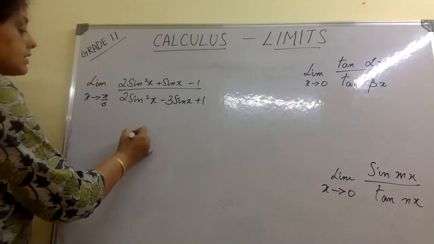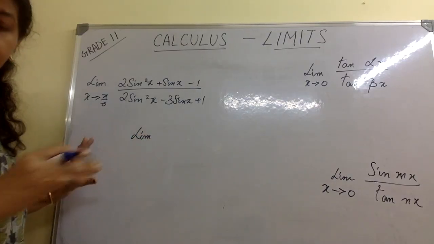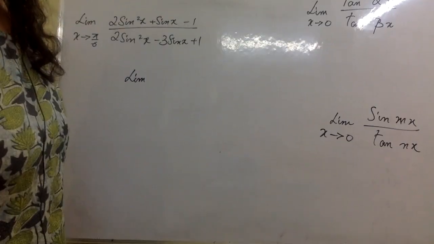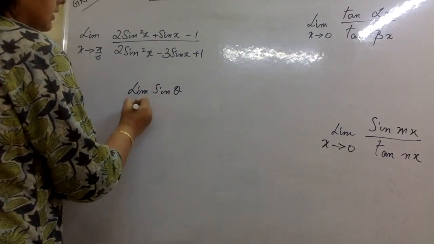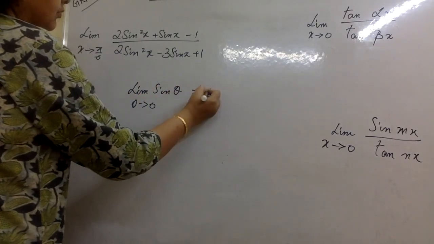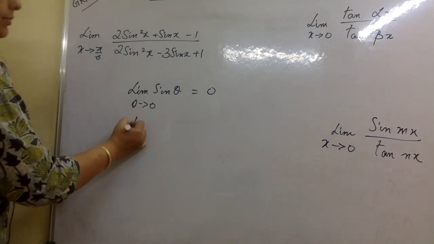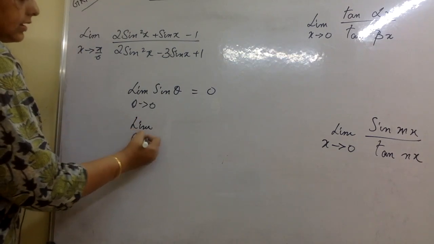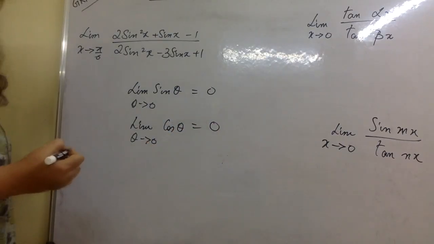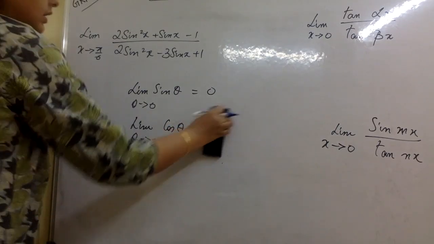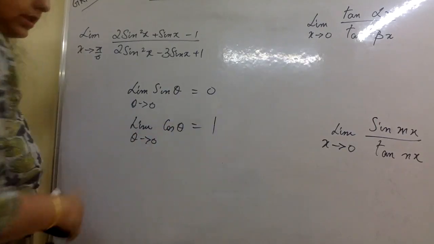Now for limits, there are very simple formulae. Limit of sin theta as theta tends to 0 is equal to 0. Limit as theta tends to 0 of cos theta is equal to 1, not 0.